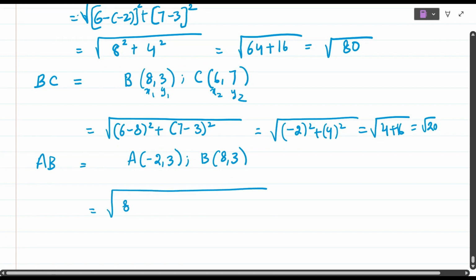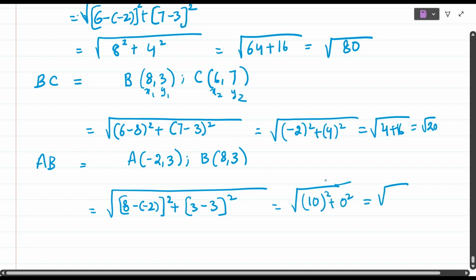So 8 minus of minus 2 whole square plus 3 minus 3 whole square. This gives square root of 8 minus of minus 2 is 8 plus 2, that is 10 square plus 0 square. This gives square root of 10 square, which means 10 units.